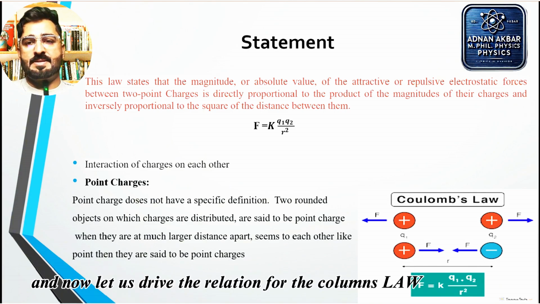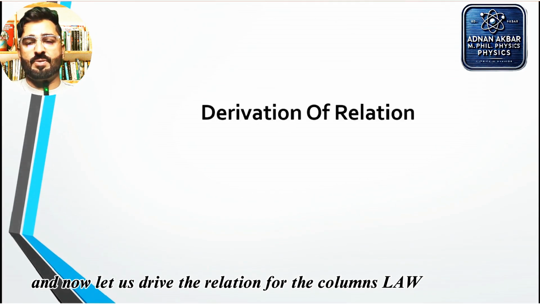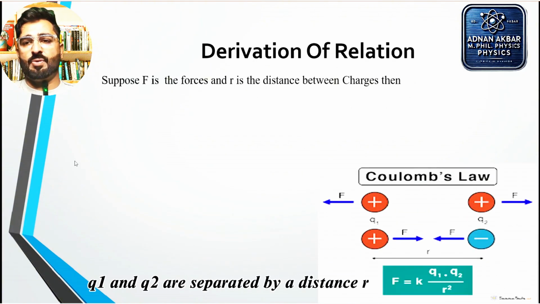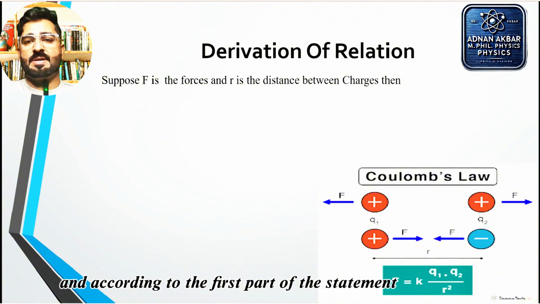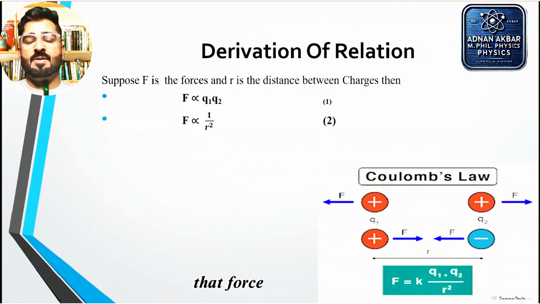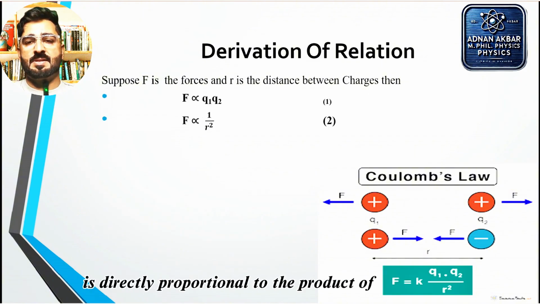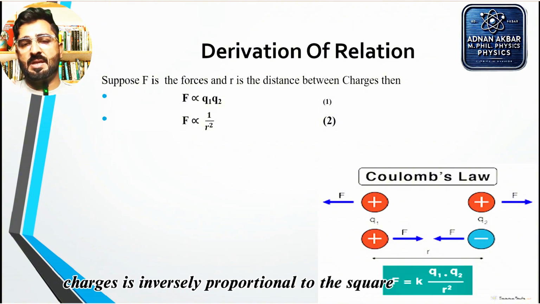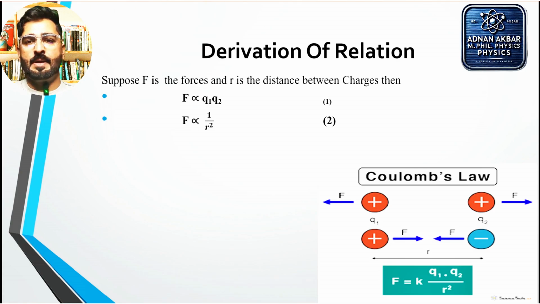And now let us derive the relation for Coulomb's law. Consider we have 2 point charges Q1 and Q2 separated by a distance R, and there is a force between them. According to the first part of the statement, the force between 2 point charges is directly proportional to the product of the magnitude of the charges. And according to the second part of the statement, the force between 2 point charges is inversely proportional to the square of the distance between them.